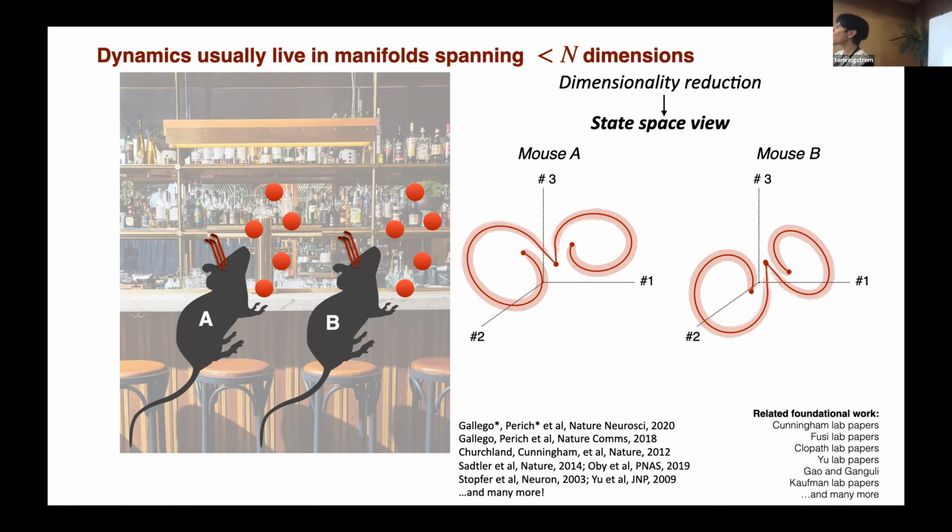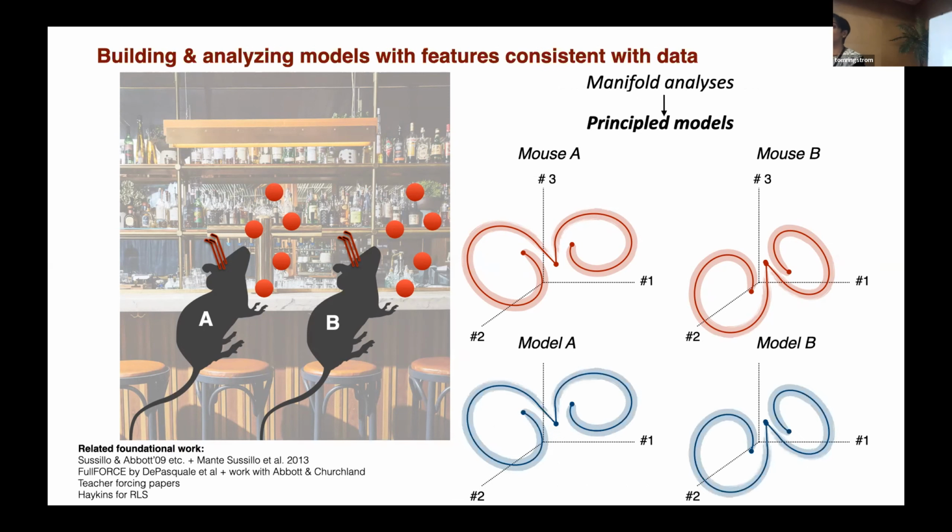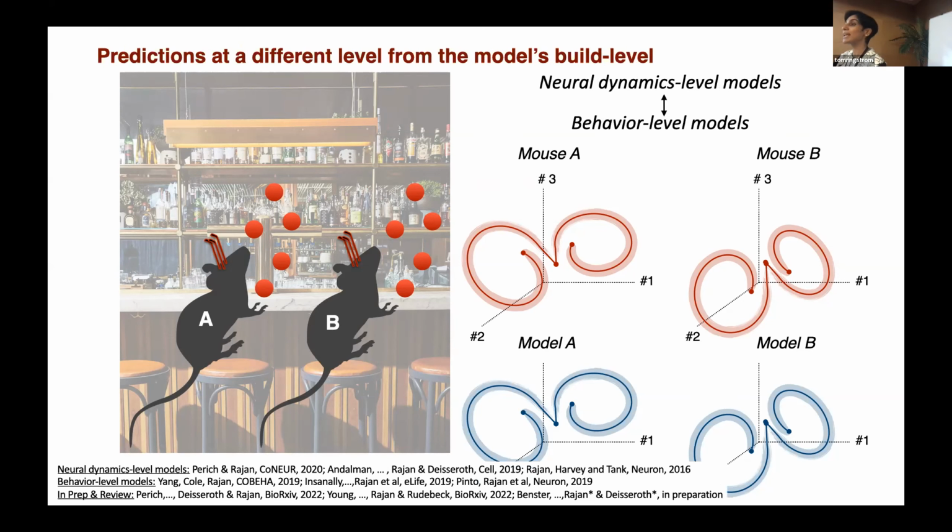So these types of manifold analyses also lend themselves to making principled models, right? So how do you build models that capture the latent dynamics or these low dimensional manifolds? And so you can build yourself a model, one for mouse A and one for mouse B. And my lab has done something similar also. So the key strength of models is that you can make predictions at a different level from the level at which they were built.